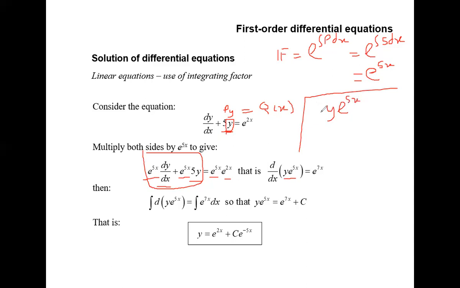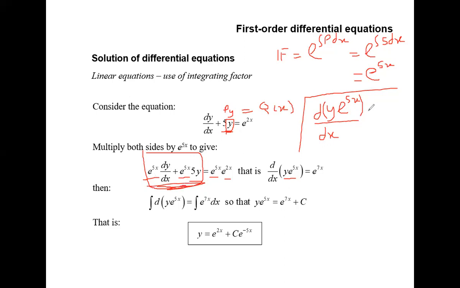So that will be the derivative of y times e raised to the power 5x with respect to x. If you want us to prove it, we'll do that, but this is a simplified version, and you can use the product rule to expand this. Once you do that, you will come back to this form here, right?